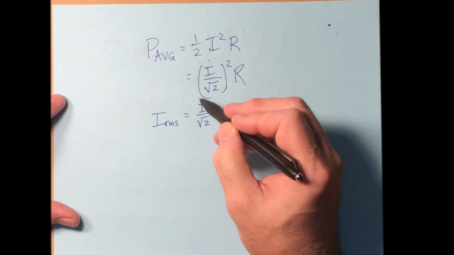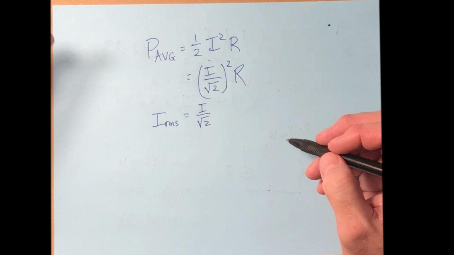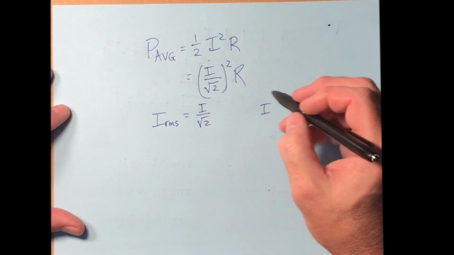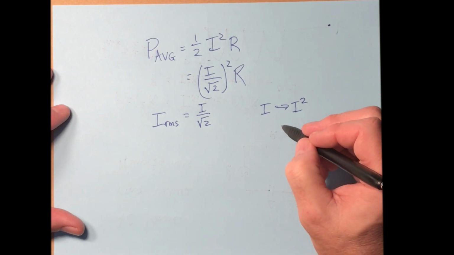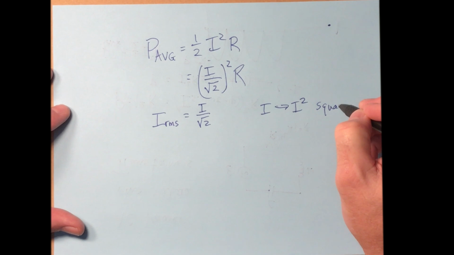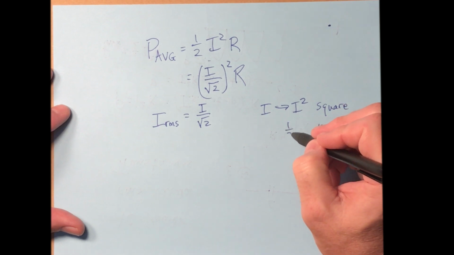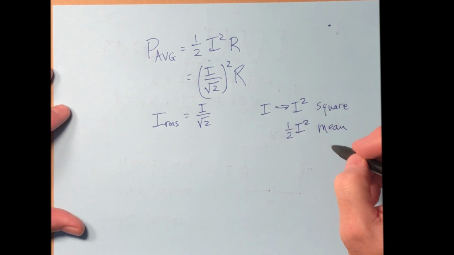Now that's a definition of what an RMS value is. How did we get that? Well, we started with I, that's the peak value. Then you square that, and that's the square part. Then you take the mean of that. That's where the 1/2 came in when we took the average or the mean. And then you take the root.